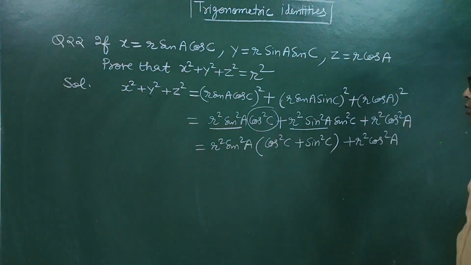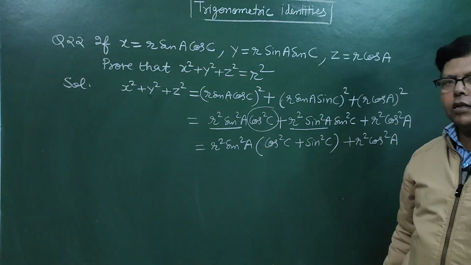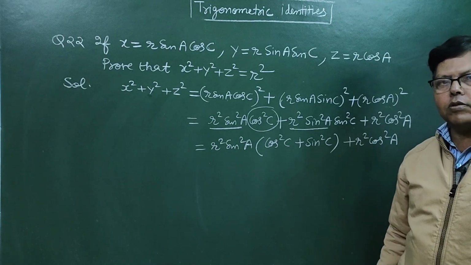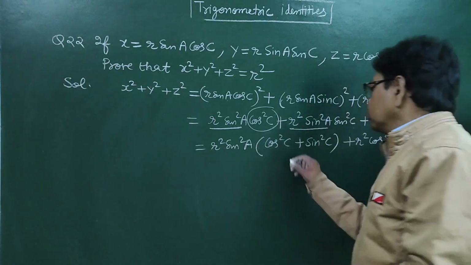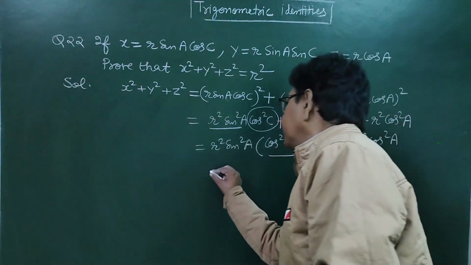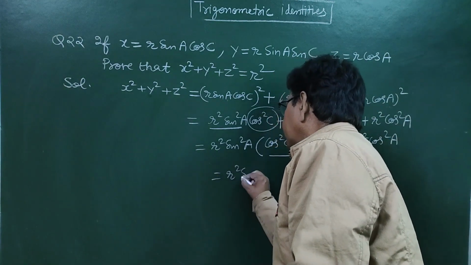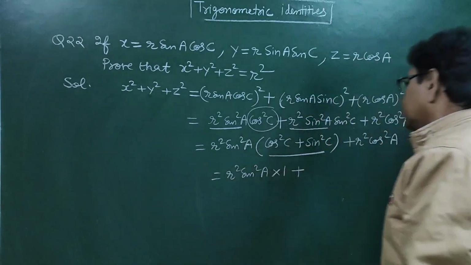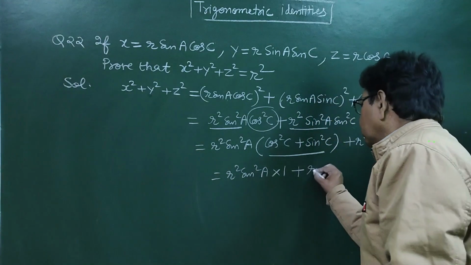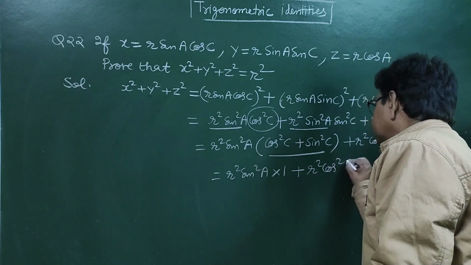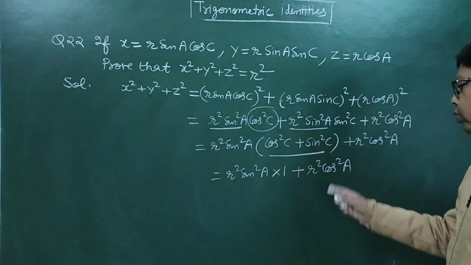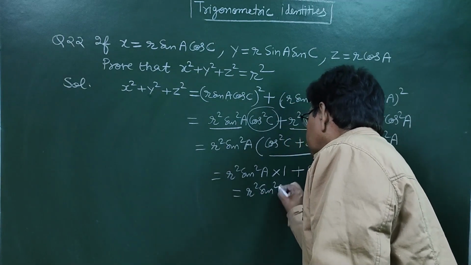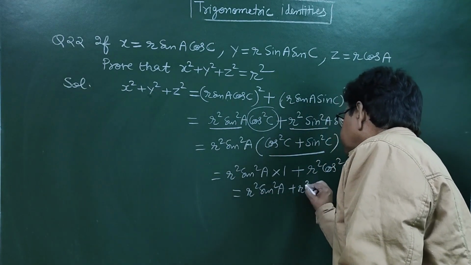And students, you are familiar with this identity, cos square of some angle plus sin square of the same angle is equal to 1. So this will be equal to 1. So we can write r square sin square a into 1 plus r square cos square a. So r square sin square a into 1 means r square sin square a plus r square cos square a.